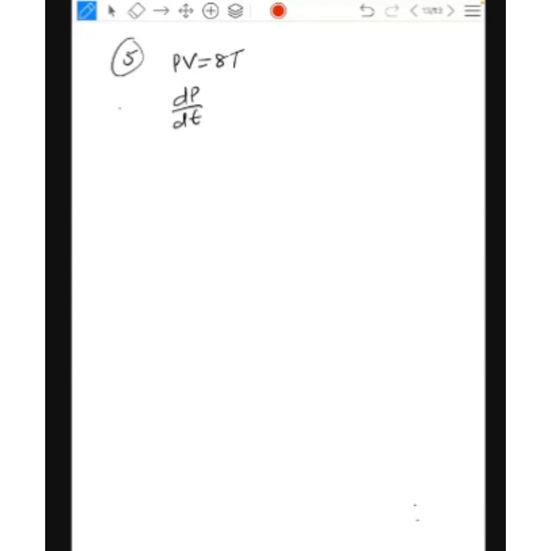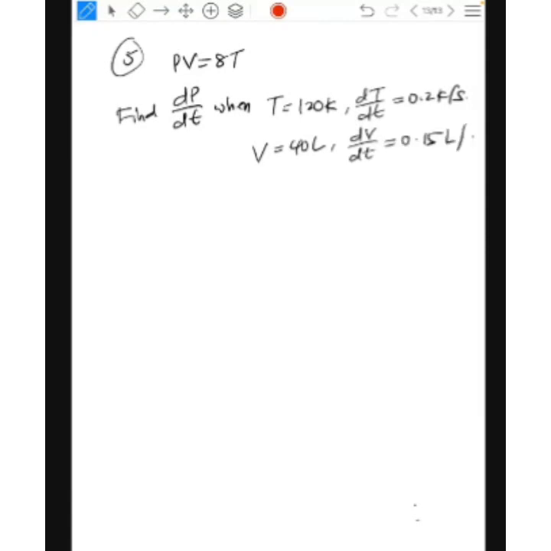When the temperature T equals 120 Kelvin and is increasing at the rate of 0.2 Kelvin per second, and the volume is 40 liters and increasing at the rate of 0.15 liters per second.